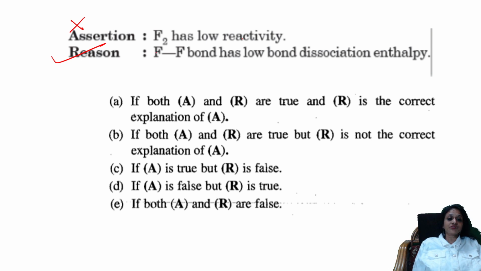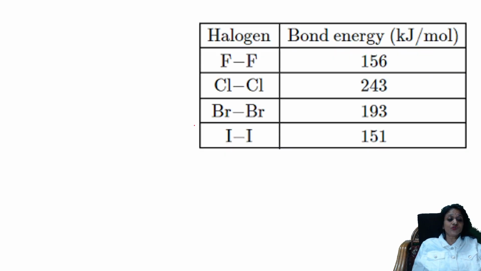Let's see. First of all, we will check the claim that fluorine has low reactivity. Observe carefully, students. Reactivity depends upon what? We said it is wrong. Why? When I take the fluorine atom, what is the speciality? It has high electronegativity.